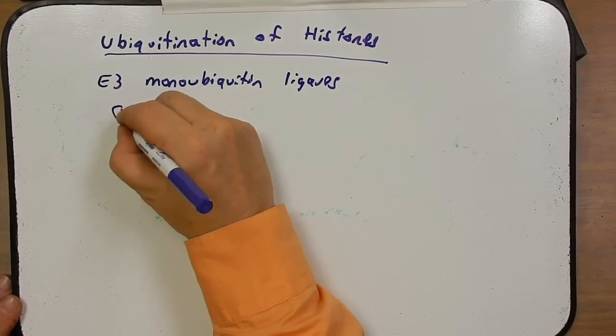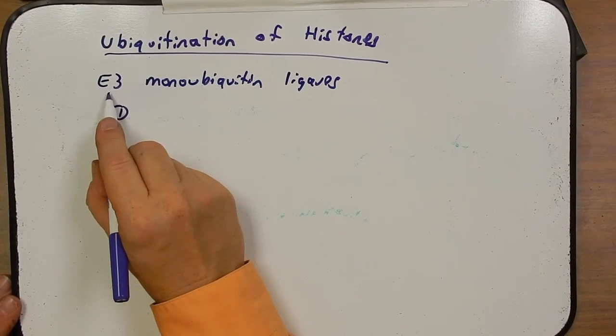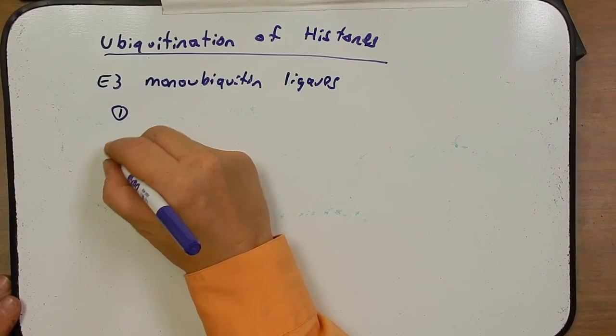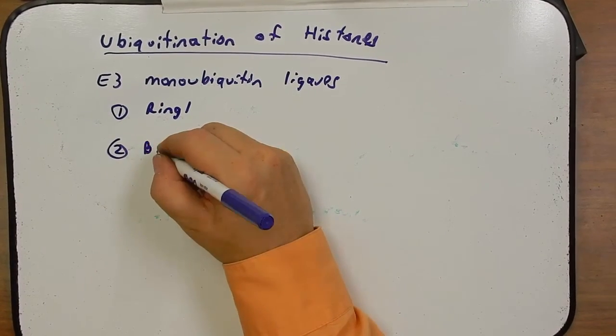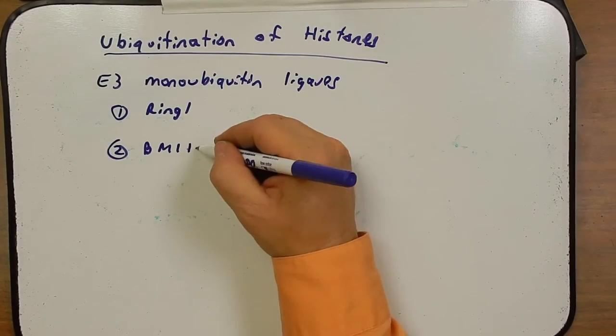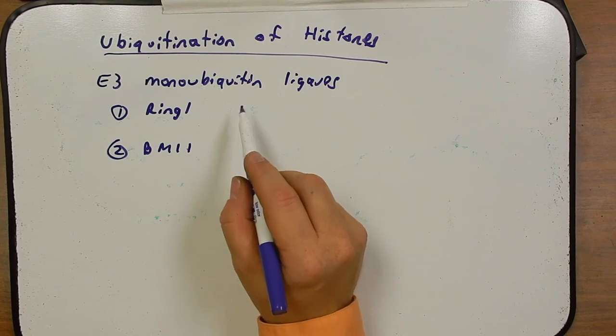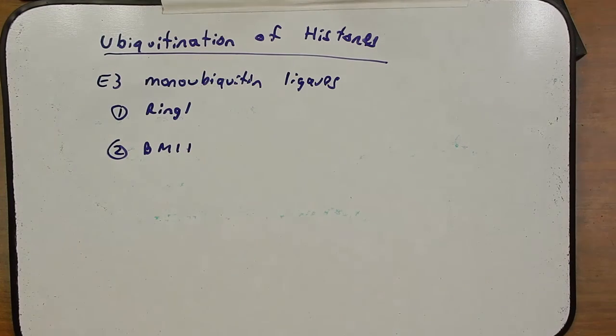I want you to know two examples of these monoubiquitin ligases. The first is Ring1 and BMI1. These work together to make sure that ubiquitin is added, one ubiquitin molecule is added to these histones at the appropriate sites. Okay, that ends this podcast.